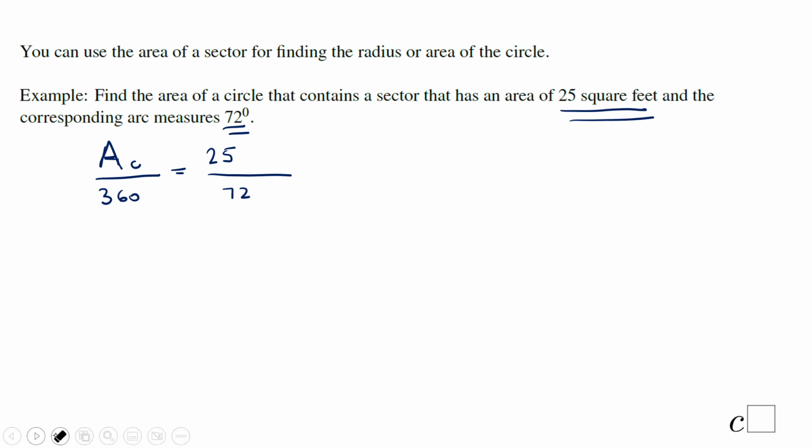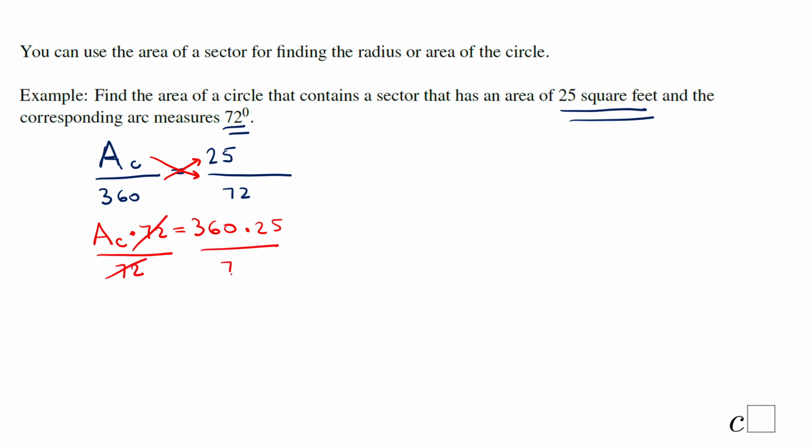So now we're going to do cross multiplication. So we have the area of the circle, the one we need to find out, times 72 equals 360 times 25. We're going to divide by 72 on the left side to get rid of this 72.